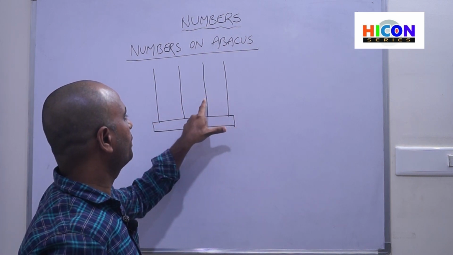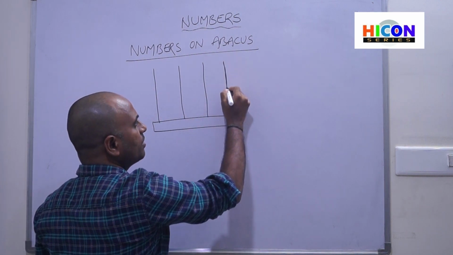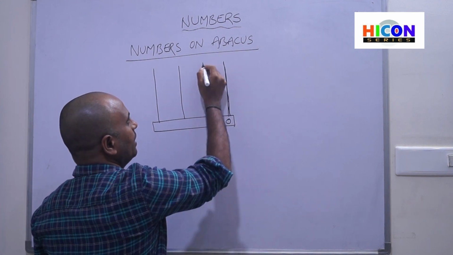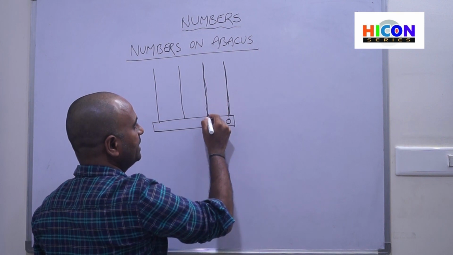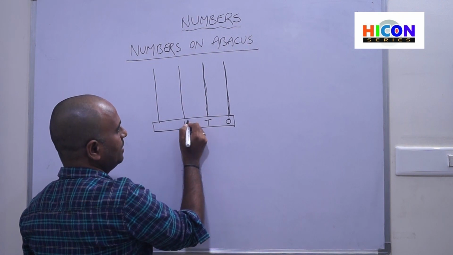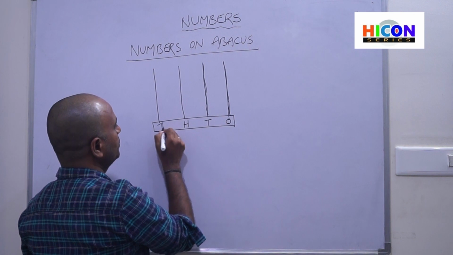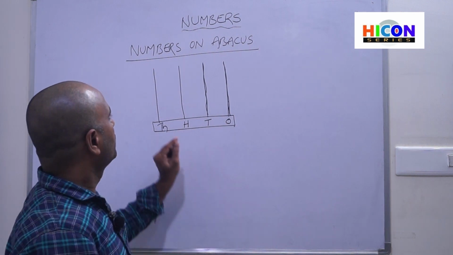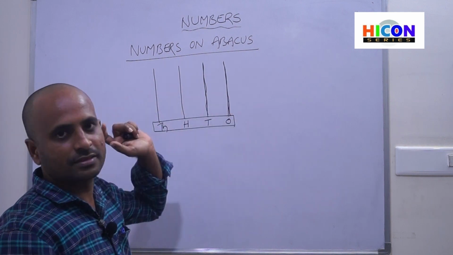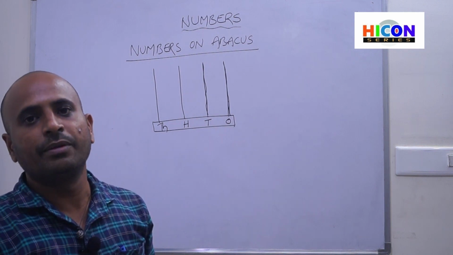The first stick represents ones place, the second stick represents tens place, the third stick represents hundreds place, and the fourth stick represents thousands place. In this way each stick in the abacus represents a place.